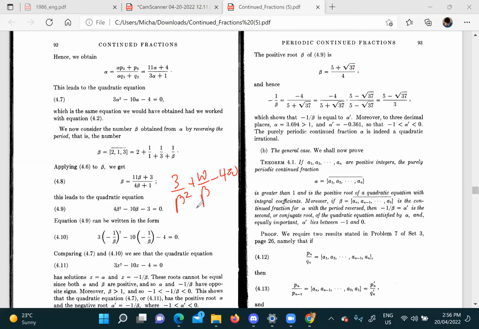And then if you times everything by -1, you get 4 beta squared minus 10 beta minus 3, right? But if you didn't do the minus thing, then this thing would be the wrong sign.